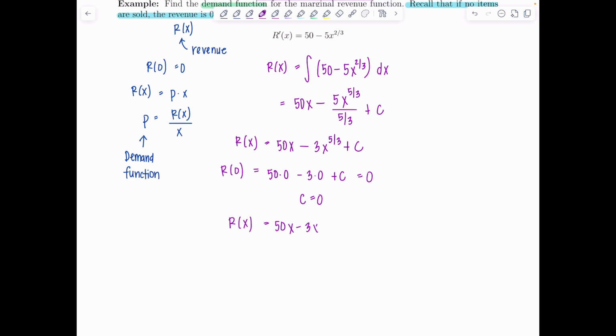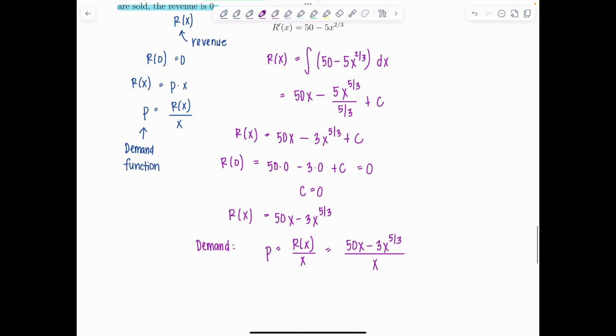Okay, so here's my revenue function. 50x minus 3x to the 5/3. And I don't have to put plus c anymore. I know it's 0. So if I want the demand function, P, it's equal to R of x divided by x. So I'm going to take 50x minus 3x to the 5/3 and divide by x.